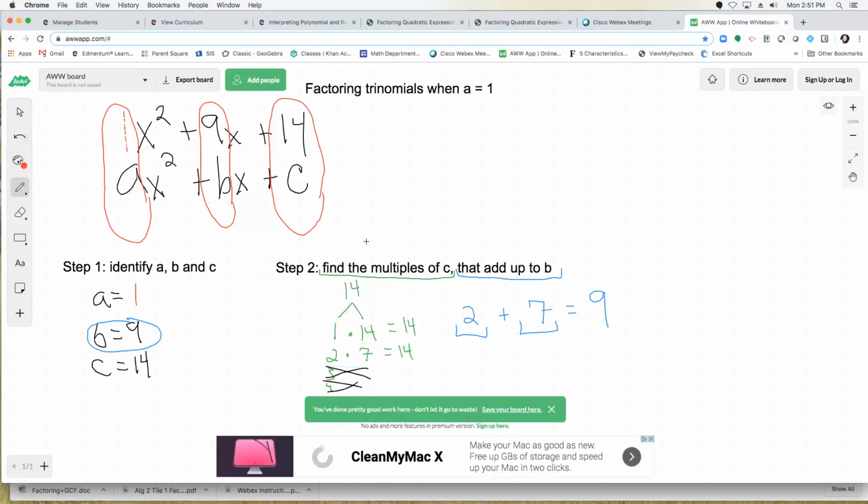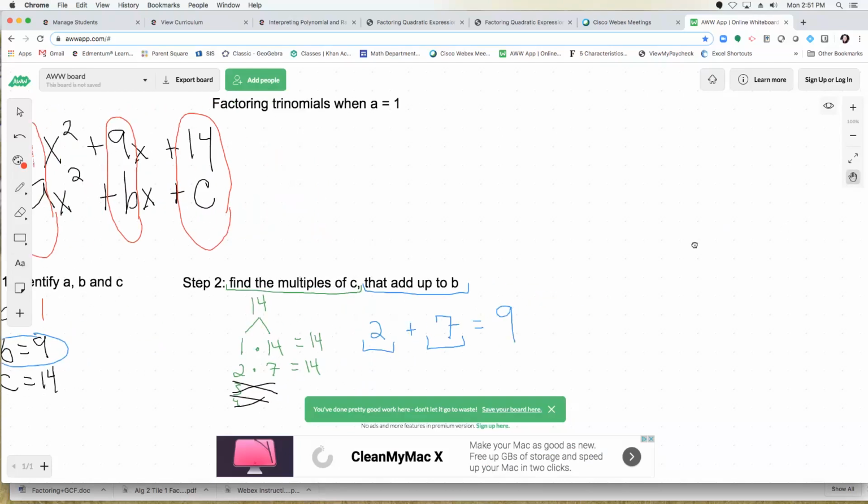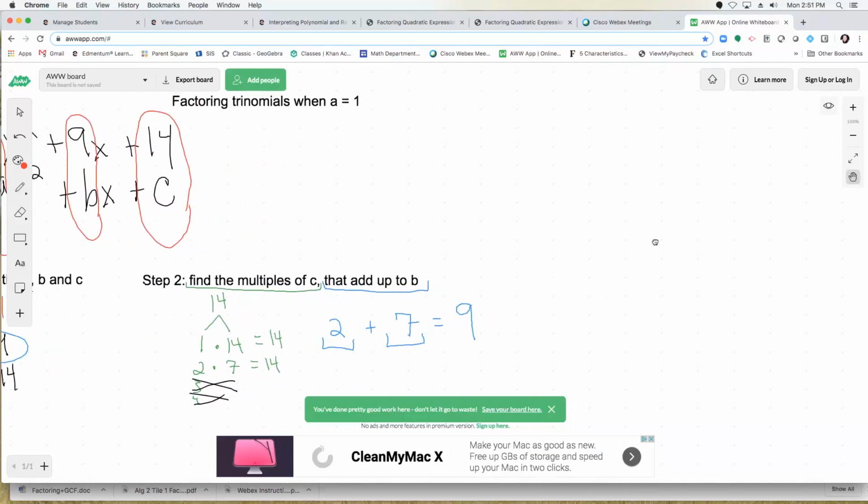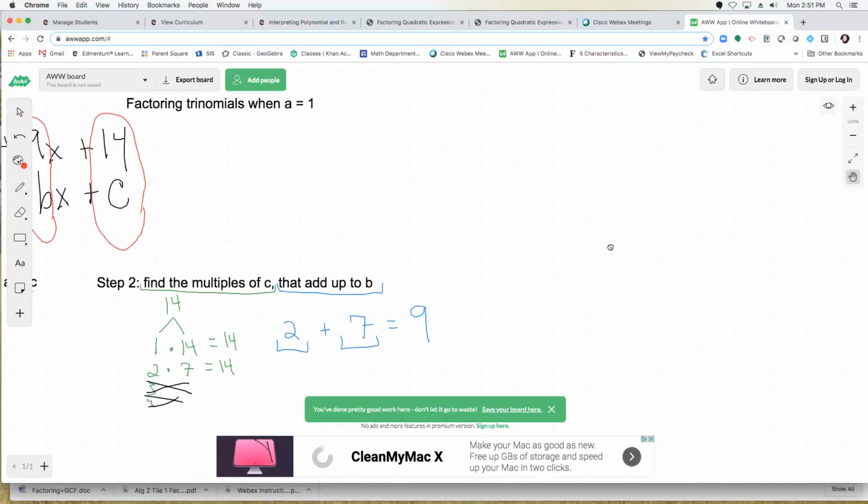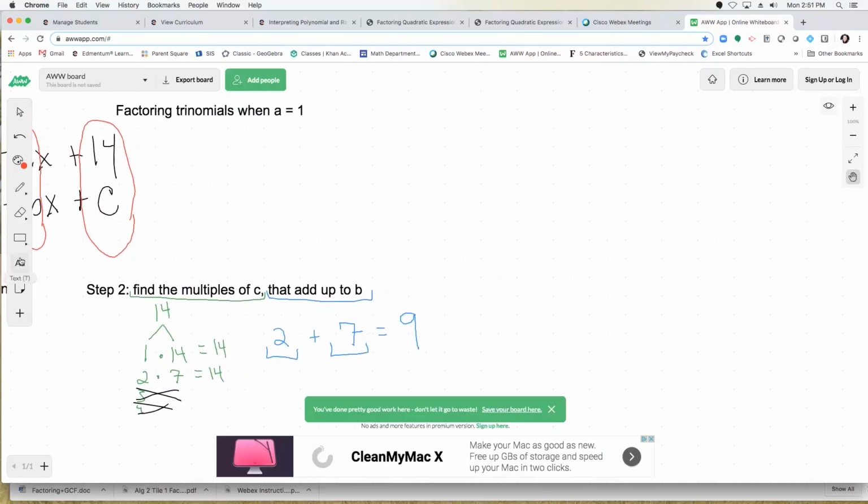Okay, so let me move on to step 3. I'm going to move my screen over a bit. Step 3. Now that we have our multiples, all we're really going to do is plug them into the factored form.